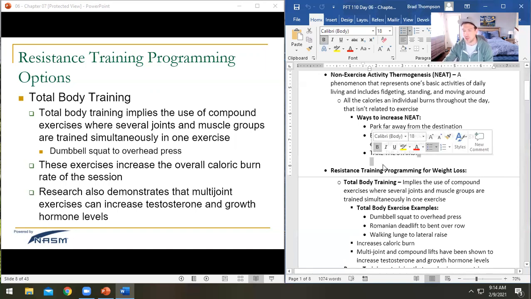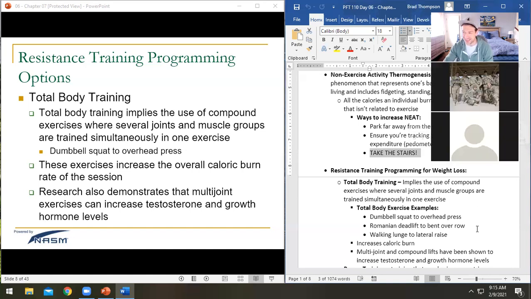And then encourage your client to take the stairs. I put take the stairs here in bold, because we used to have, if you showed up late for class, what I used to do is say you can get time back on your attendance if we take breaks every hour on the hour.